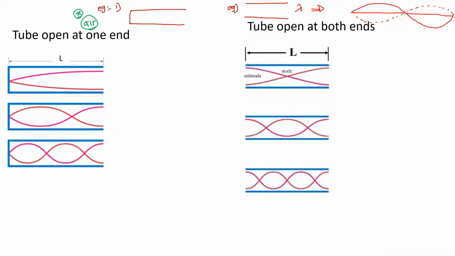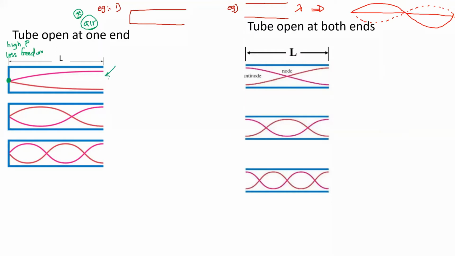So tube open at one end. That means one side is closed and the other side is open. So the closed side has higher pressure, right? It is closed and it has less freedom to move. This point has high pressure.